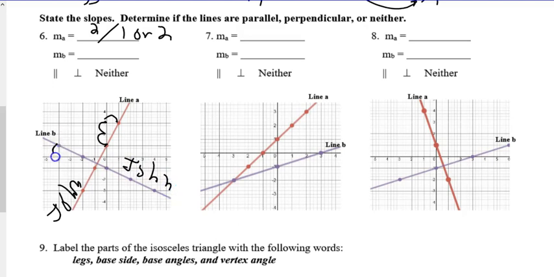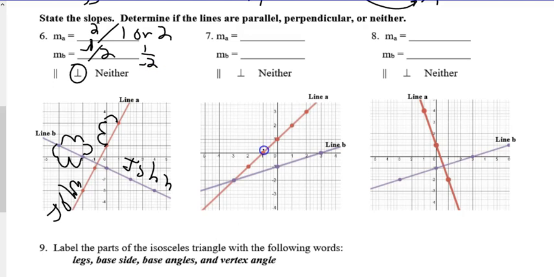Now, I go down 1, which is negative 1, and then I go right 1, right 2: negative 1/2. Those are opposite and reciprocal. The 2 over 1 becomes 1 over 2, positive becomes negative, so that's perpendicular. You could have also gone up 1, which would have been positive 1, and then left 2, negative 2. Doesn't matter where the negative is.